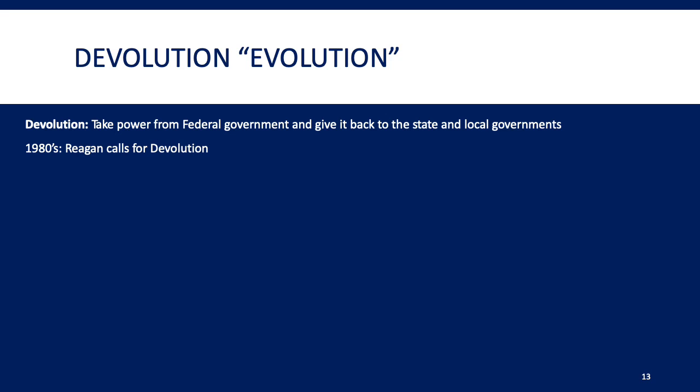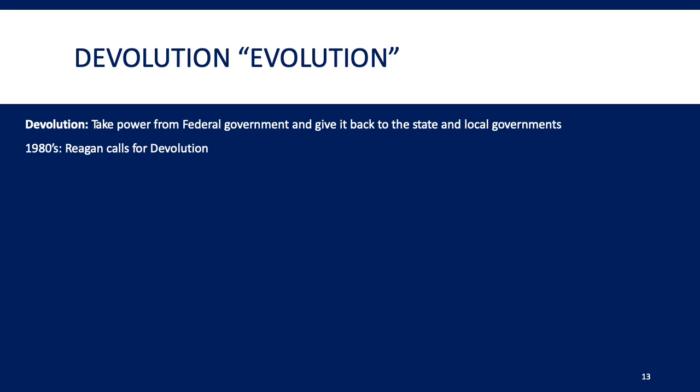We have Ronald Reagan, a president who also believed in trickle-down economics, which right now we have evidence that it didn't work. He said that we needed to get more power into the states.